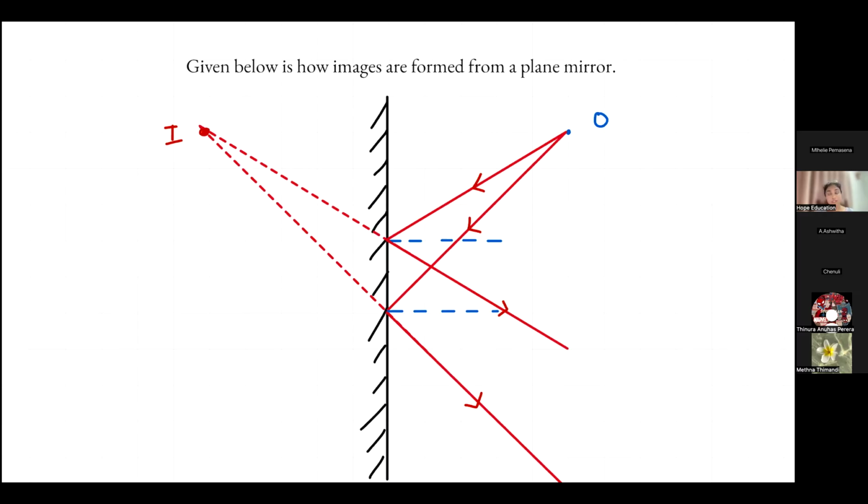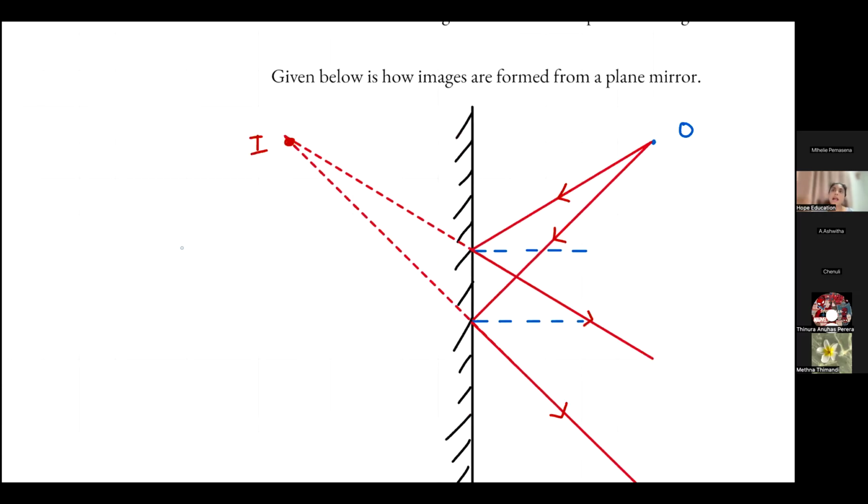It's not a real image. You can see your reflection in the mirror. If you are standing in front of the mirror, you are the object, and the image through the mirror is your reflection. That is the image. So you can see it, but you can't exactly pinpoint where exactly it is. So it's not a real image. Virtual image.